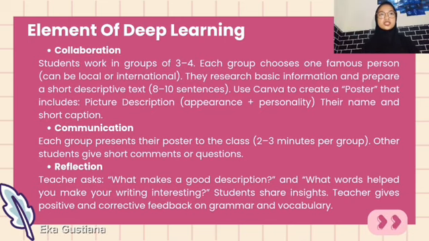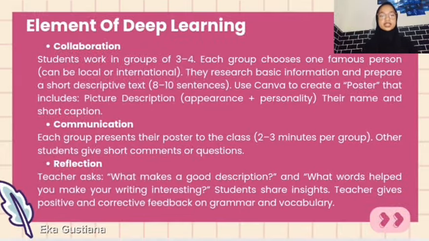Okay, we continue about elements of deep learning. In this slide, we have 3 elements of deep learning. The first one is collaboration, the second one is communication, and the last one is reflection. For the collaboration, students work in groups of 3 or 4.